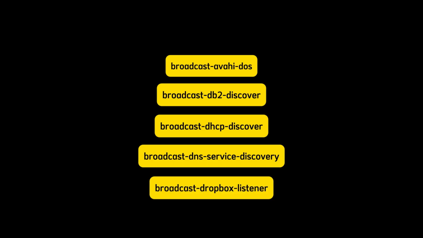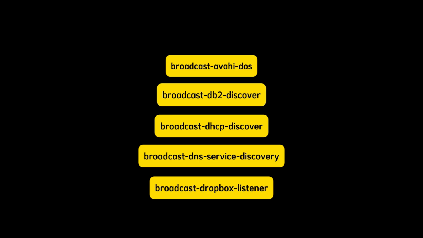Broadcast Dropbox listener: this script listens on the local area network for information broadcasts that the Dropbox.com client sends every 20 seconds, then prints all of the discovered client IP addresses, port numbers, version numbers, display names, and more. Note that broadcast scripts can run without setting a specific target.